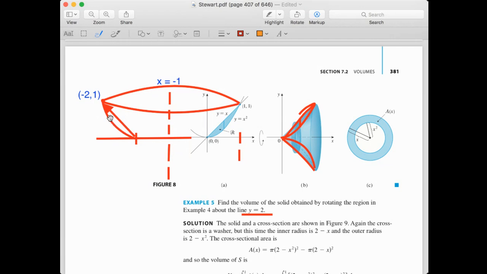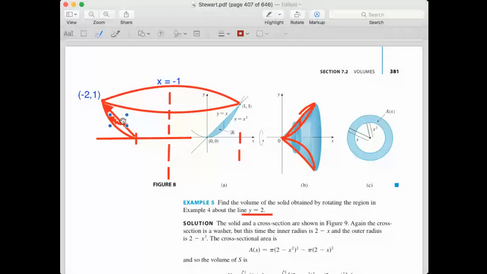But we want to only find the volume of the solid. So this is a washer, right? The middle part is hollow. So let me try to shade the region.